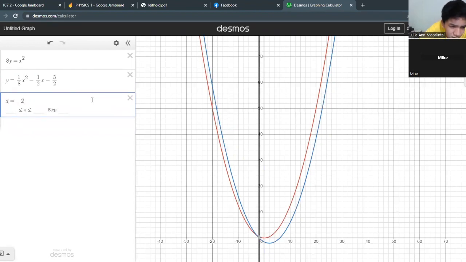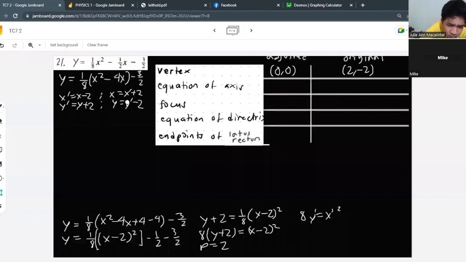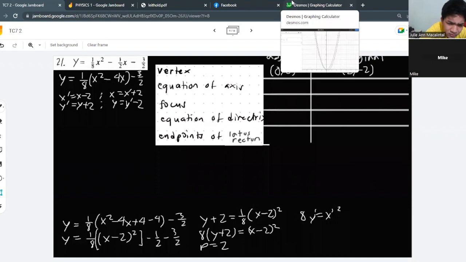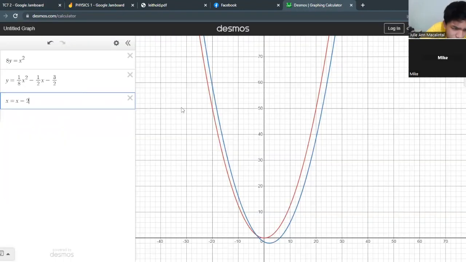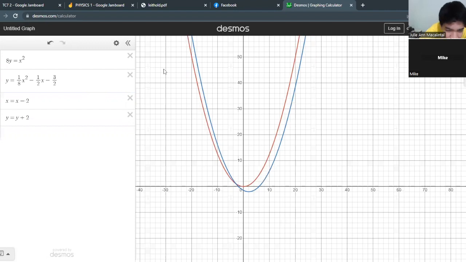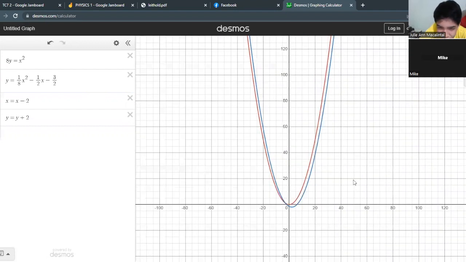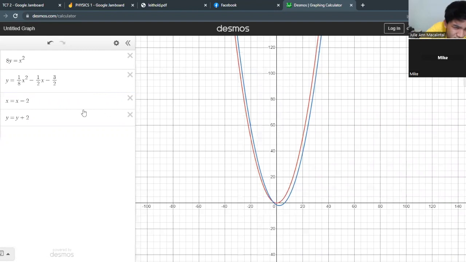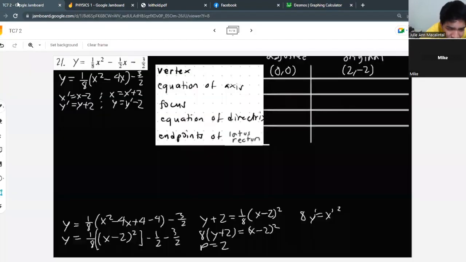Let's get the new equations first. Going back, let's get the equations of the axis and then the focus and directrix. And then x equals x minus 2 is a constant, it only gets in the way, so remove that first. Let's do the algebra first.